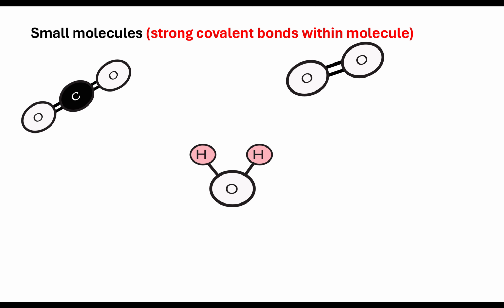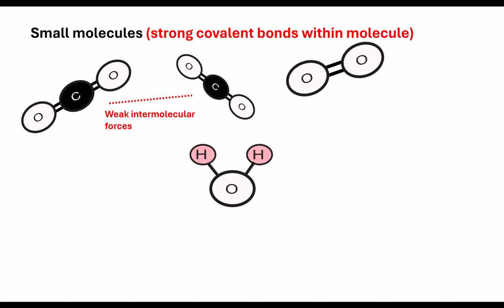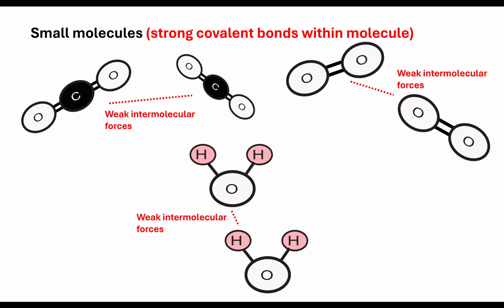Now, what happens if we bring extra small molecules in? Let's say we have a second carbon dioxide molecule. What you have to understand is that there are weak intermolecular forces between molecules.